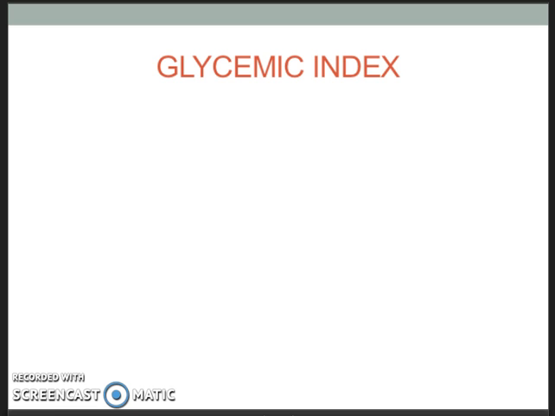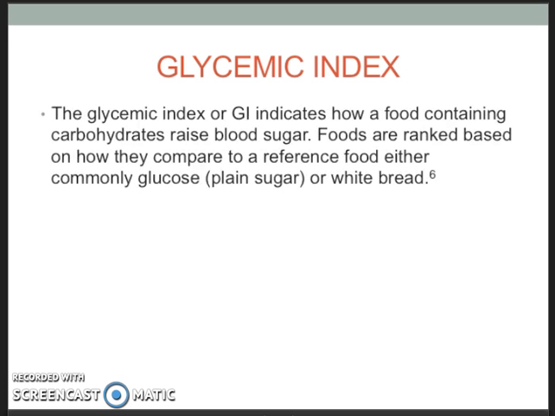So a little more information regarding the glycemic index. The glycemic index, or GI, indicates how a food containing carbohydrates raises blood sugar. Foods are ranked based on how they compare to a reference food, commonly glucose, which is a plain sugar, or white bread.